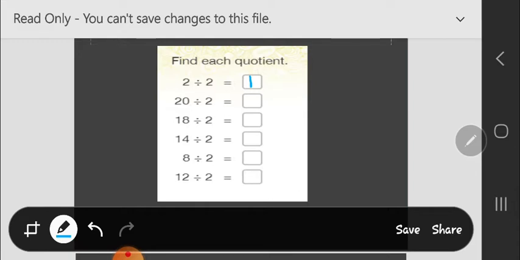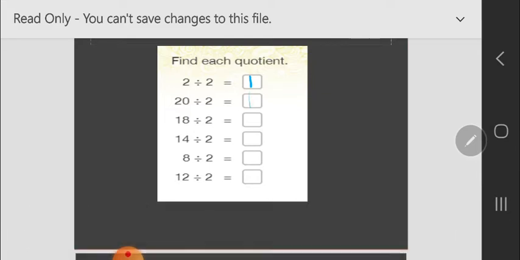You should know what half of 20 is. You divide it by 2. Skip count by 2 if you don't know: 2, 4, 6, 8, 10, 12, 14, 16, 18, 20. And the answer is 10.